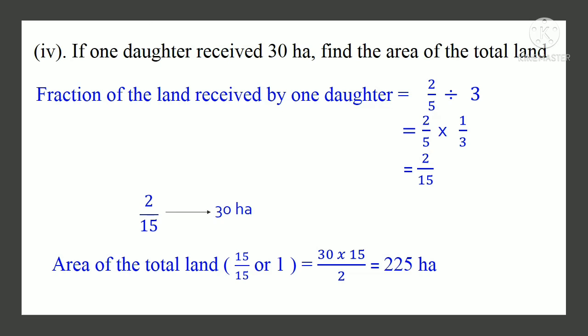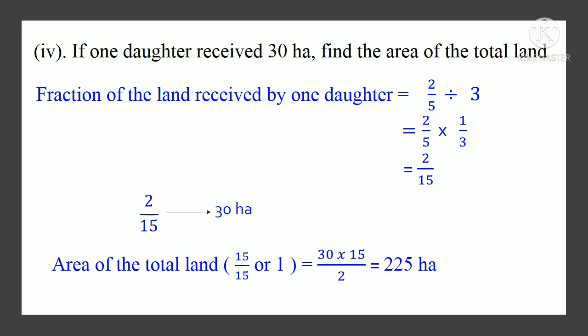Then, can we simplify this further? No, we can't. So, we can get the answer directly by multiplying numerators and denominators. Multiply the denominators, 5 times 3, 15. And when multiplying numerators, 2 times 1, that is 2. Okay. That means 2 upon 15 is the 30 hectares.